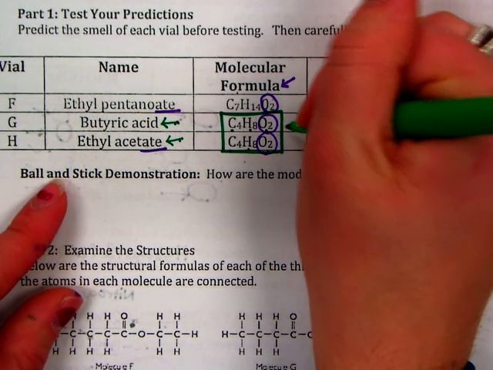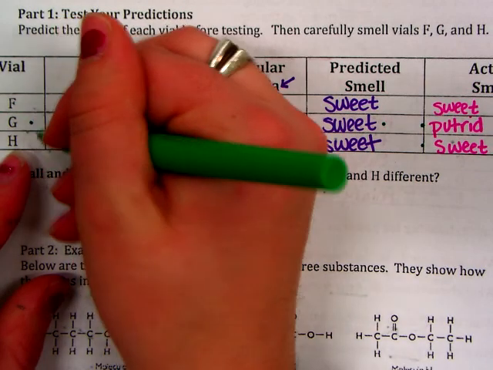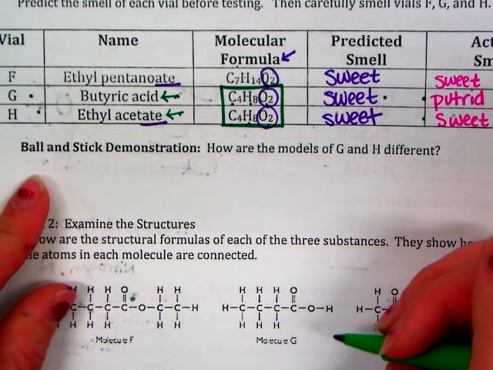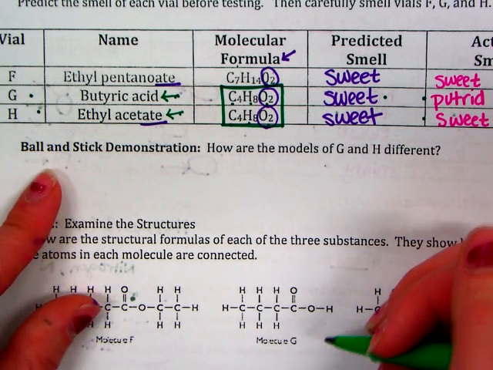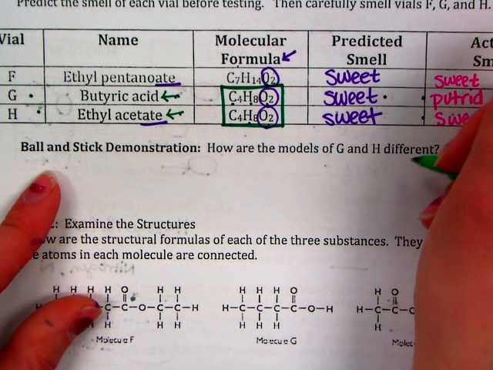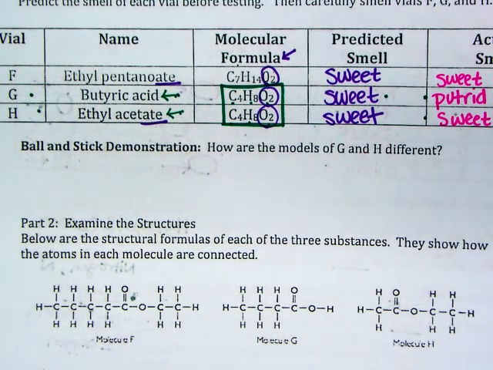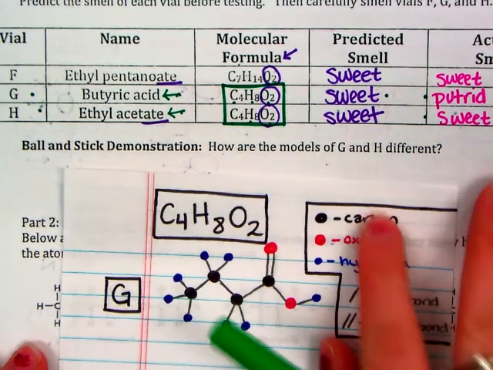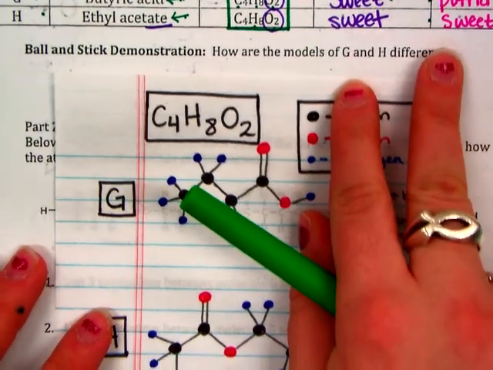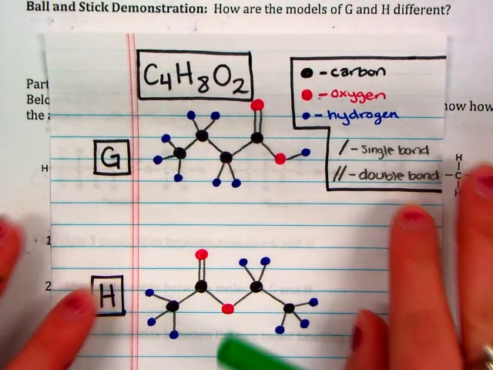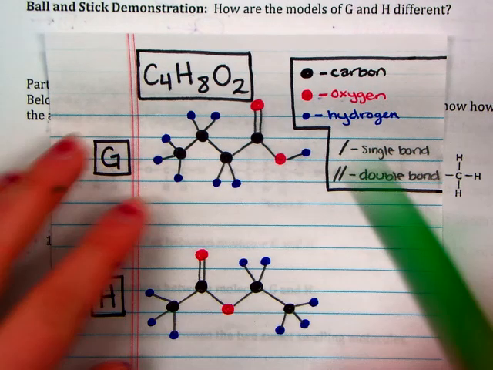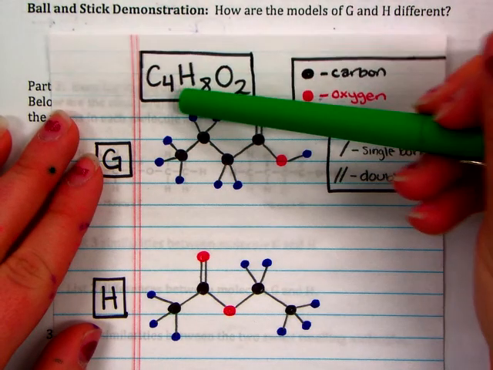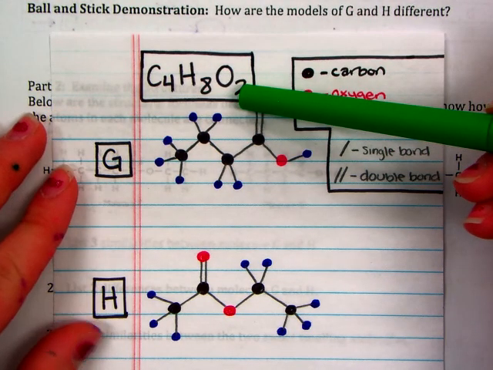So let's look more closely at molecules G and H. In this ball and stick demonstration, the question is, how are the models of G and H different? I'm going to put a picture of models of chemical G and H. Molecules G and H, again, have the same formula, C4H8O2.